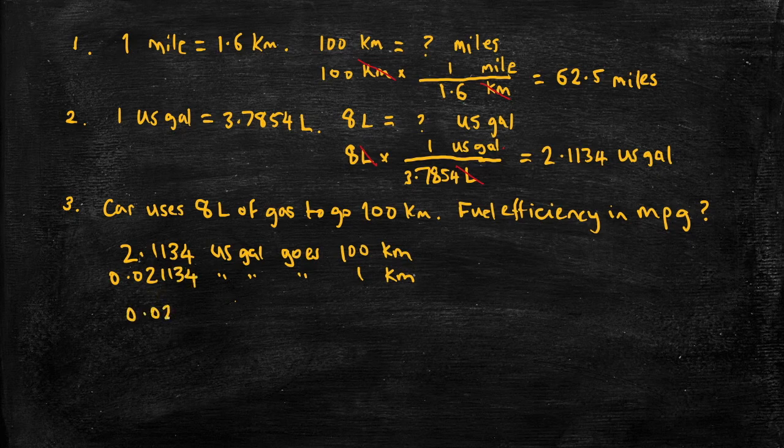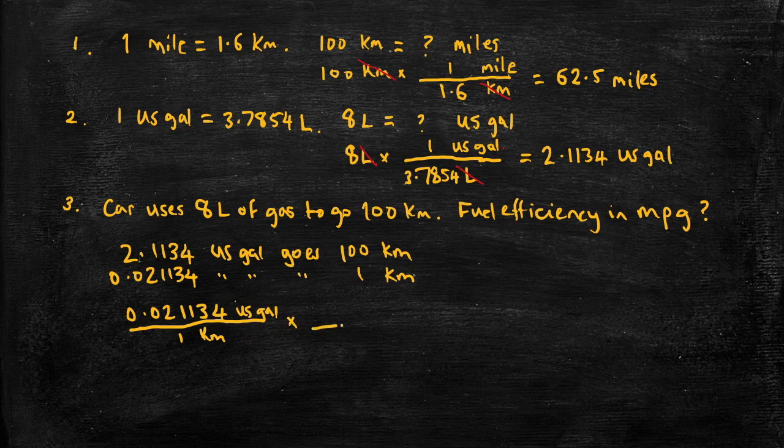Okay, and then now let's apply dimensional analysis to the number 0.021134 to go from kilometers to miles. Okay, so this is US gallons per kilometer, and so we can think of that as having 1 kilometer in the denominator because it's gallons per kilometer.